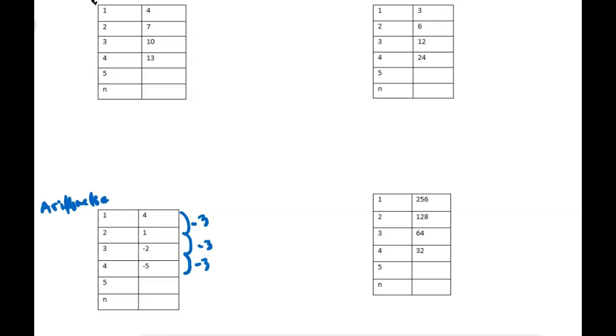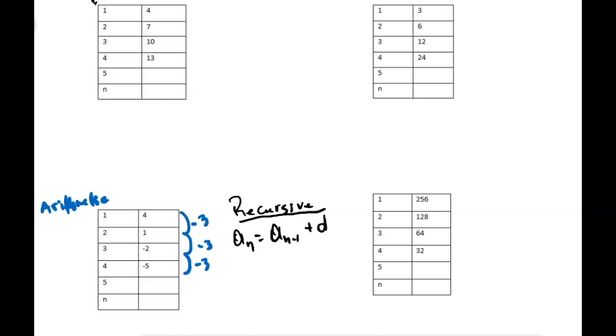Now to write out the recursive formula to find the 5th term, we can use the recursive formula. The recursive formula will be a sub n equals a sub n minus 1 plus the common difference. In this case, we already know the common difference and the previous term.